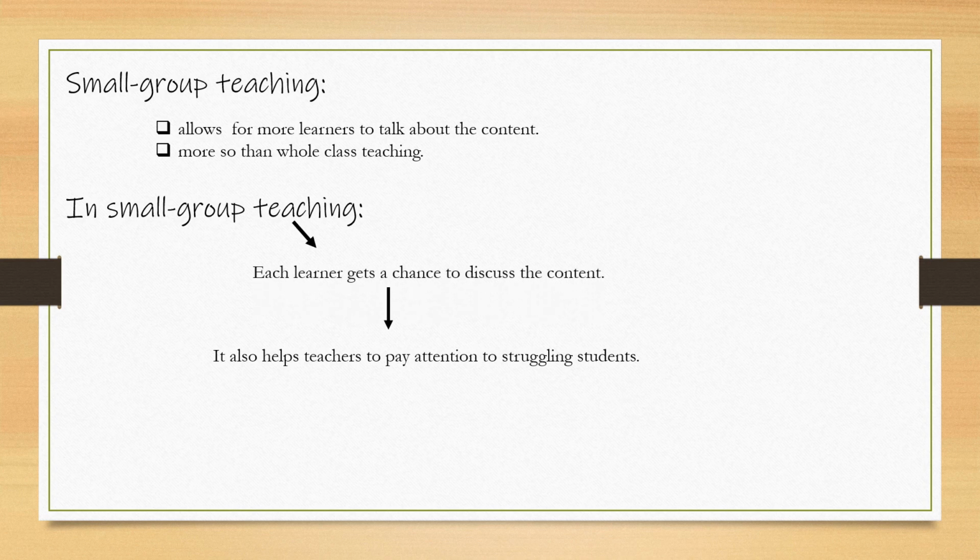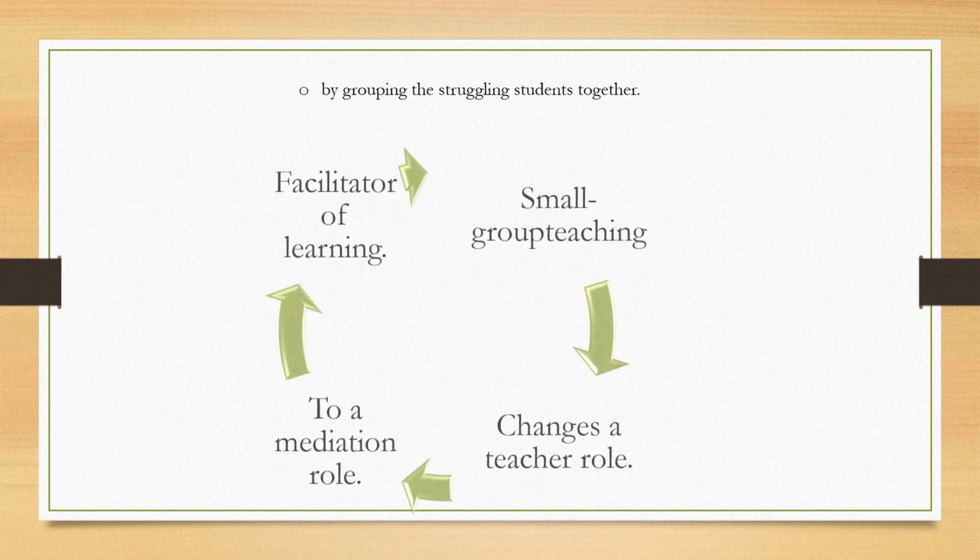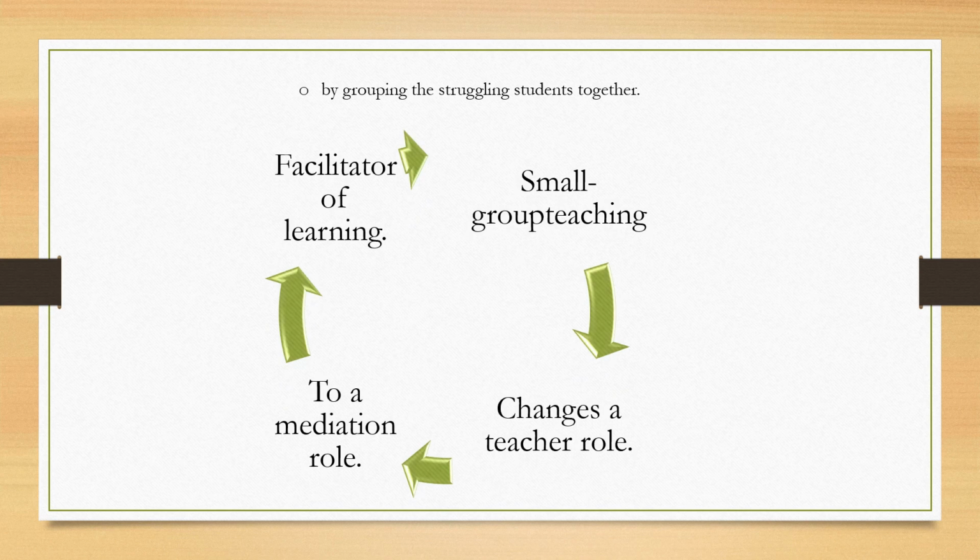It also helps the teacher to pay more attention to struggling students. By grouping the struggling students together, small group teaching changes a teacher's role to a mediator and a facilitator of learning.